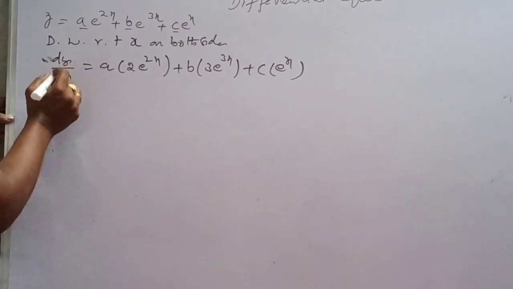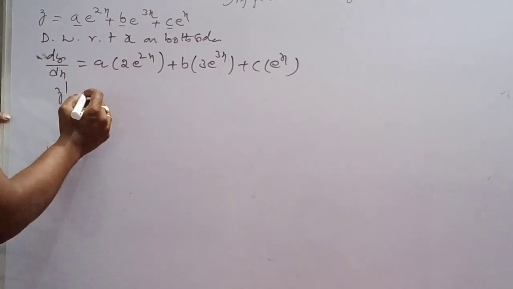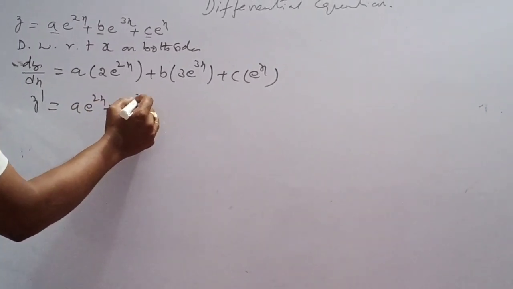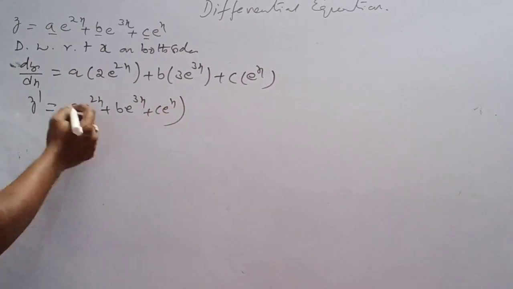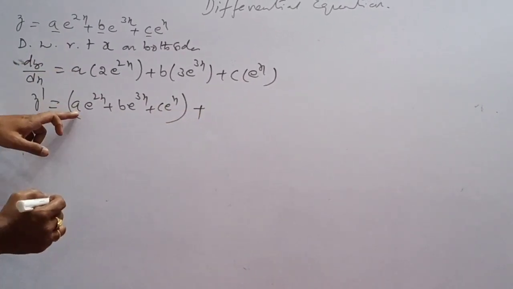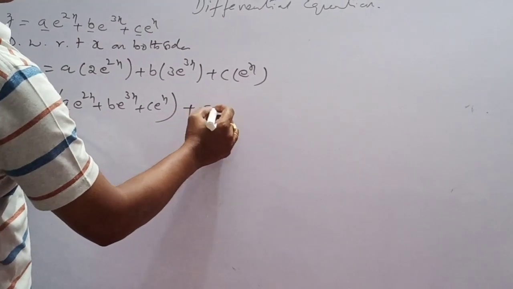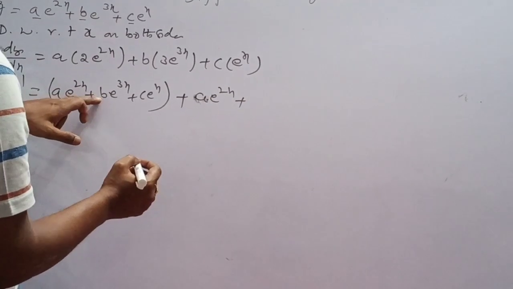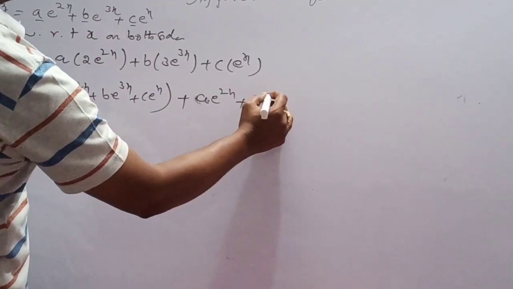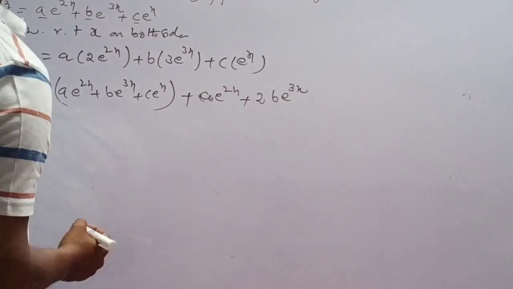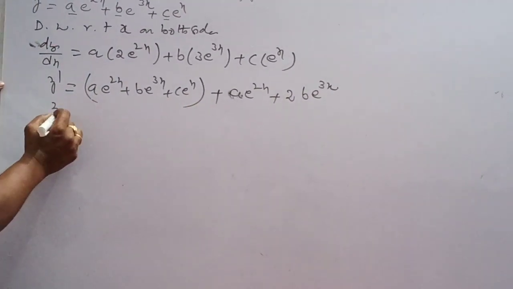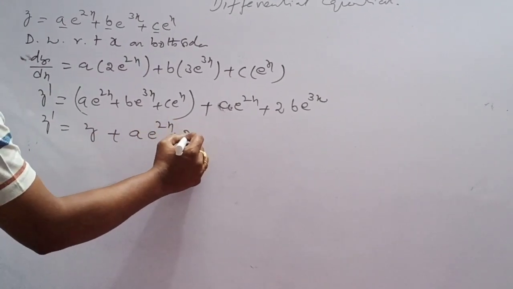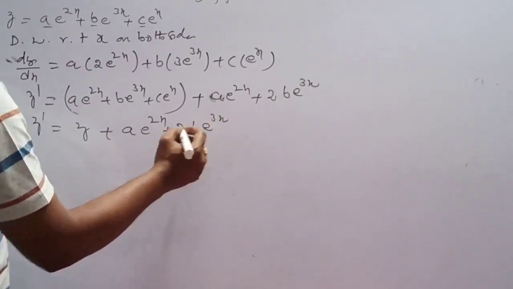So y' equals y plus a e^(2x) plus 2b e^(3x).